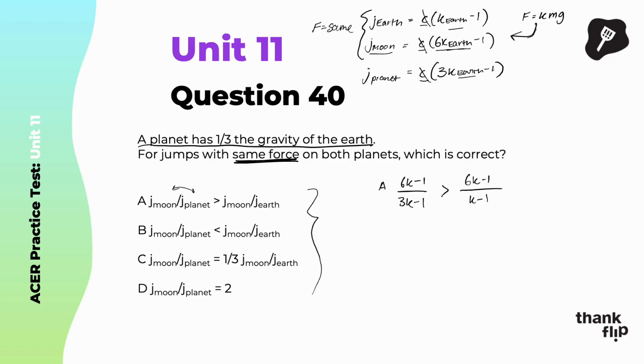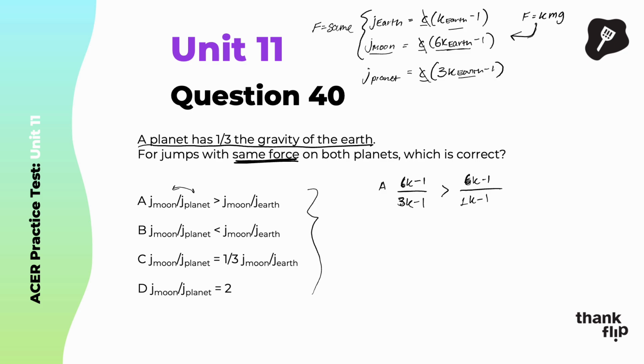Now, what you can do here, instead of trying to figure out exactly what these values are going to be, we want to just look at what's greater on the numerator versus the denominator, right? So over here, we have 6 over 3, and over here we have 6 over 1, right?